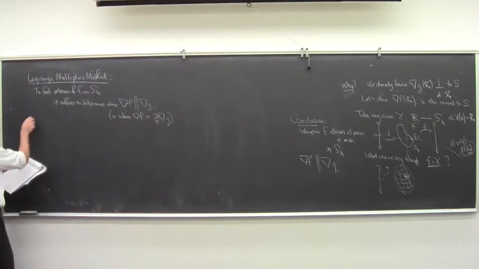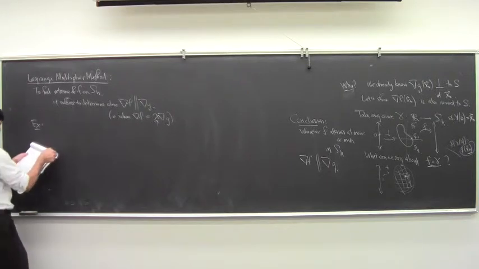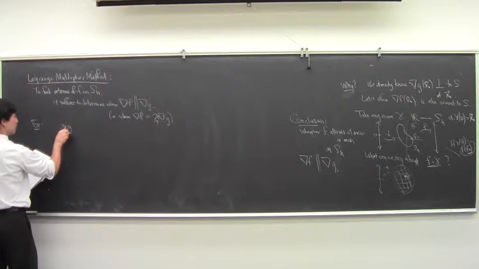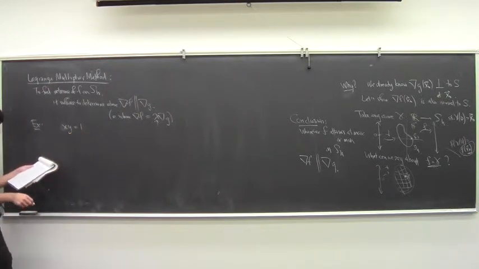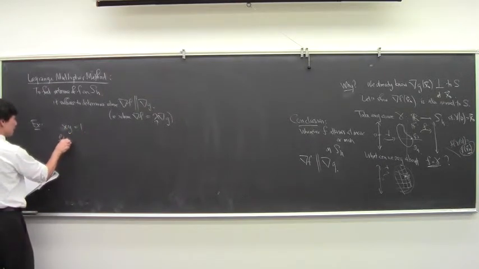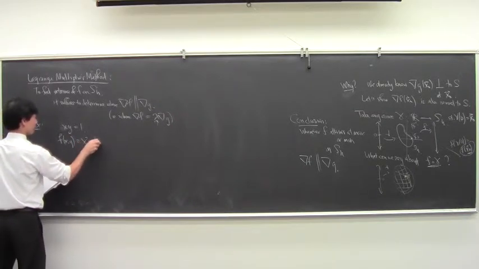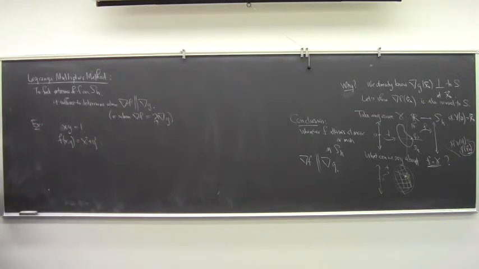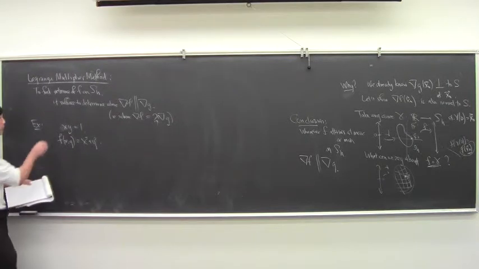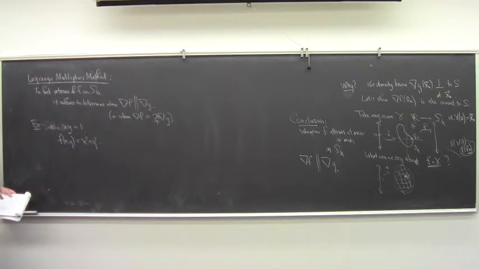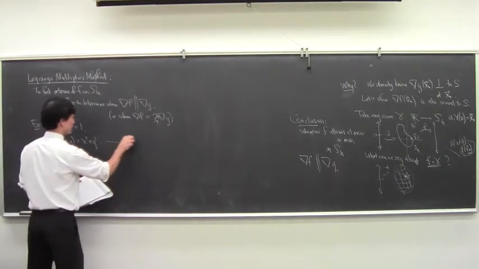So let me do a couple of examples to show you how it works. You have xy equals 1, and you have some other function, f of x, y is x squared plus y squared. So here's your surface, xy equals 1.